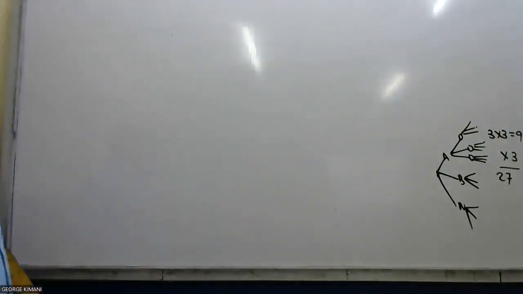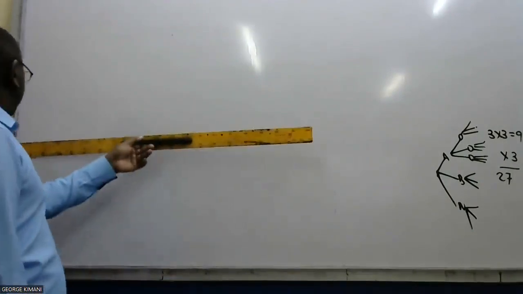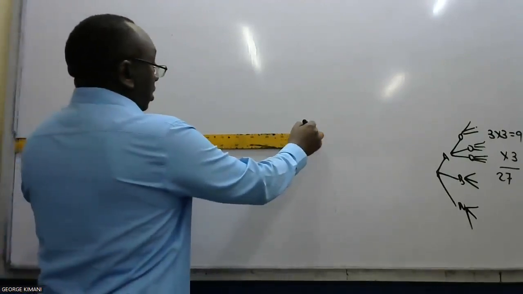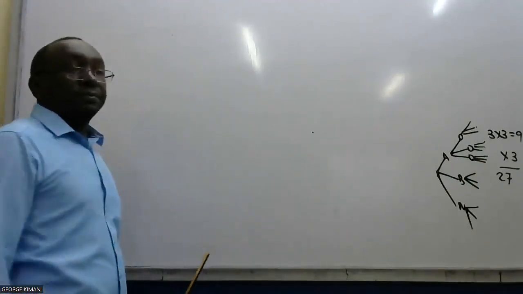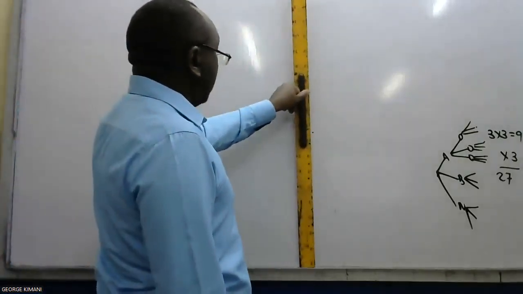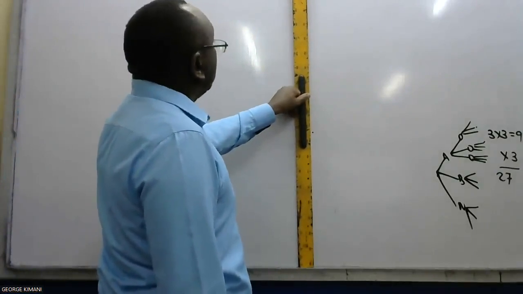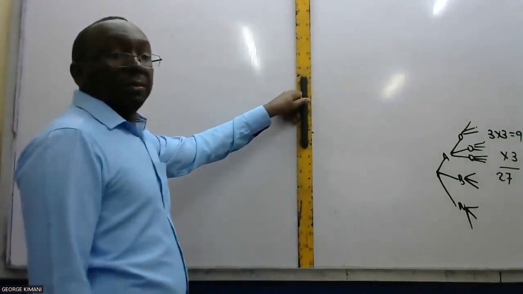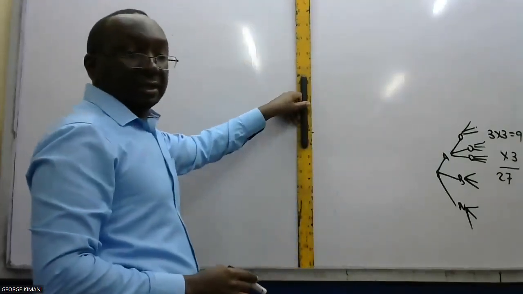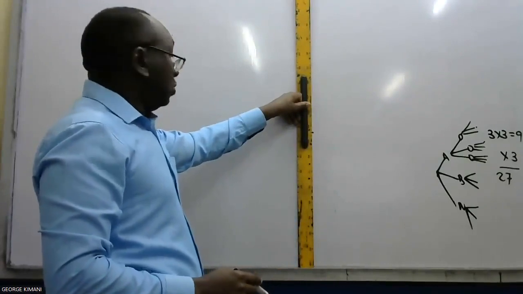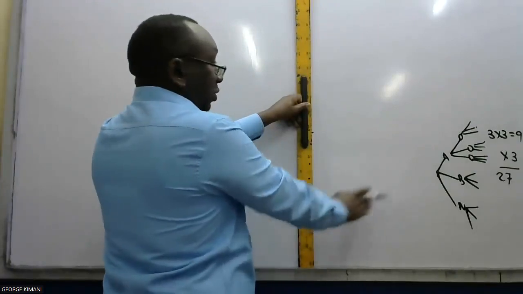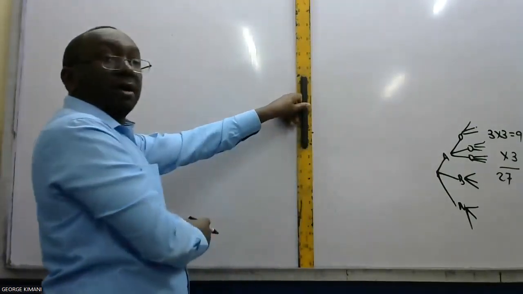So you go to a fresh page and you estimate where your tree will get to. Now mine will get up to here. Judge where it's getting up to. You will draw 27 tails. Let's do that. You look at up to where it will reach, because we are supposed to start from the past, going backwards.